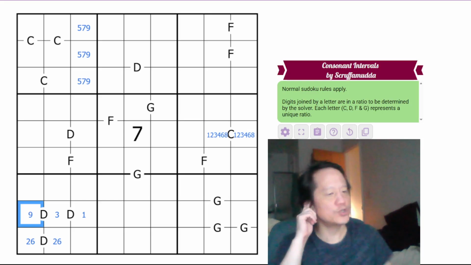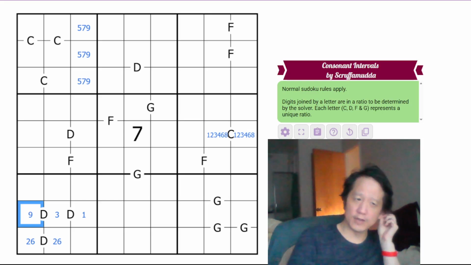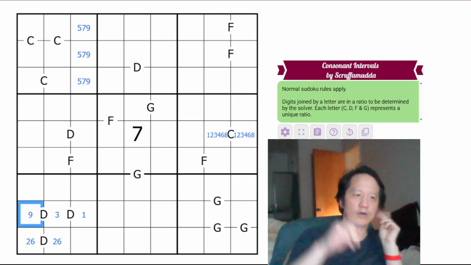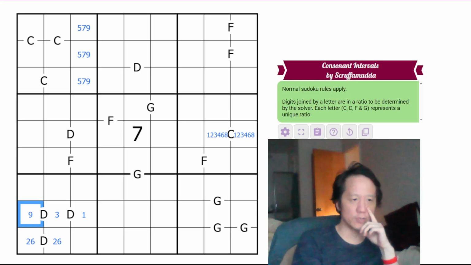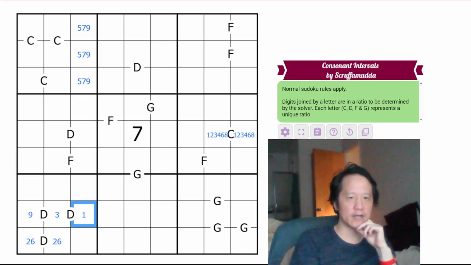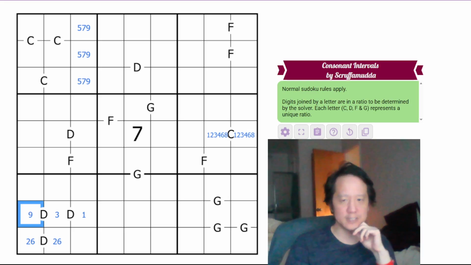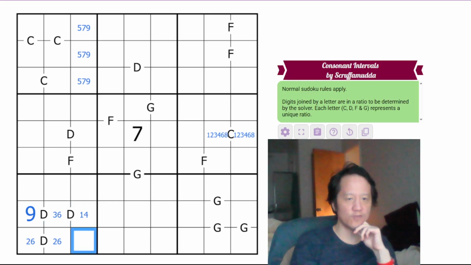If D is 2 to 3, I think that works, right? You have 9 to 6, which is a 2 to 3 ratio, and 6 to 4, which is a 2 to 3 ratio. Either way, you have to have a 9, and 9 cannot be here because of the 5, 7, 9 triplet. So this is guaranteed to be a 9. This is 9, and it's either 3, 1, or this is 6 and 4, right?